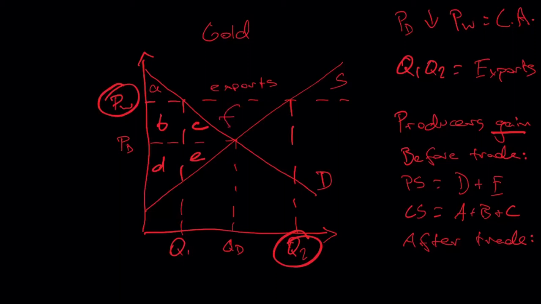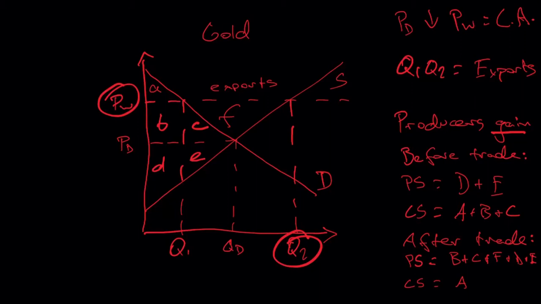And we can see that producer surplus actually now covers area B, C, F, D, and E. So producer surplus has gained, consumer surplus has shrunk to the area above the new price and below the demand curve, which is area A. So as a result, we can use the concepts of consumer and producer surplus to show the net increase in total welfare.